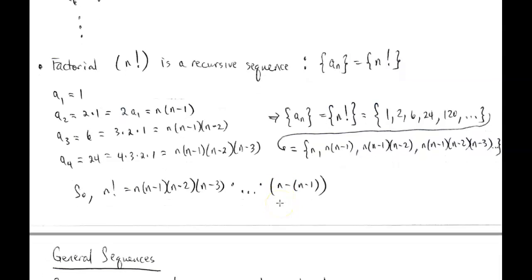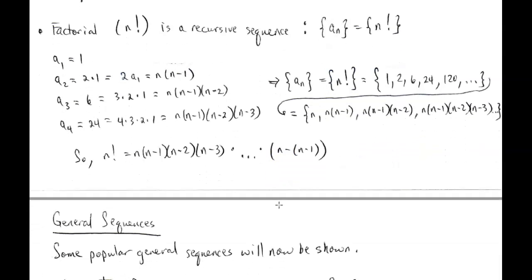Now, the factorial is something that most of you have probably seen before, but you probably did not realize that it is also a recursive sequence. But by definition, it is. So here, when most people deal with factorials, of course, we know that factorial is just going to be whatever number n is.